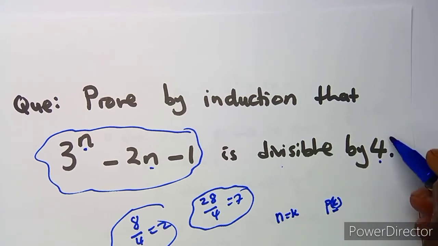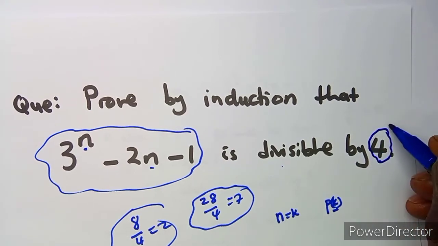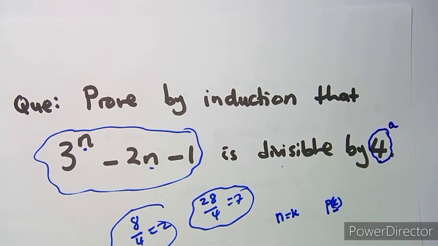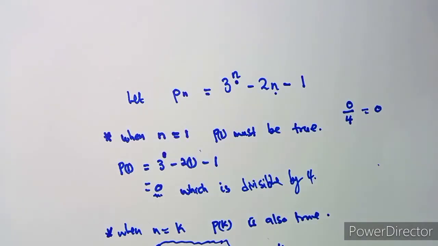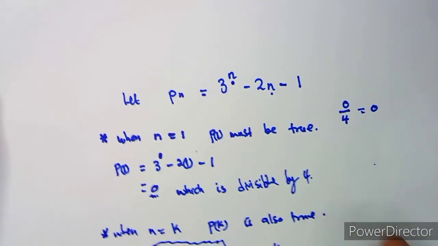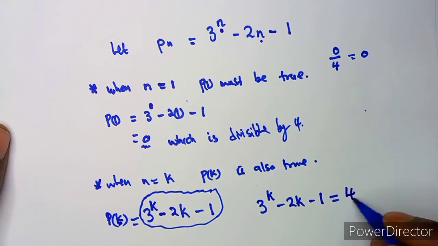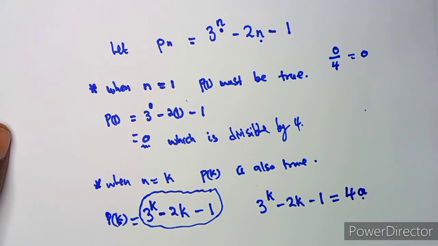So we equate to 4 times any constant, that is what we are simply saying, it is divisible by 4. So you multiply that number by any constant of your choice. In this case, let's say it is equivalent to 4a, because it is by 4, times a constant.